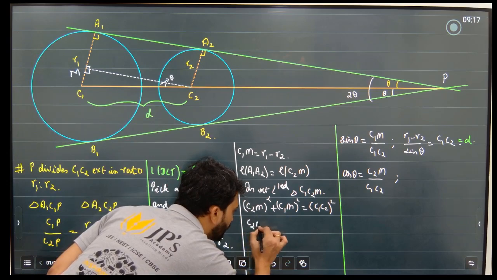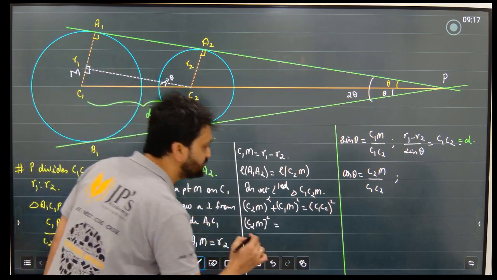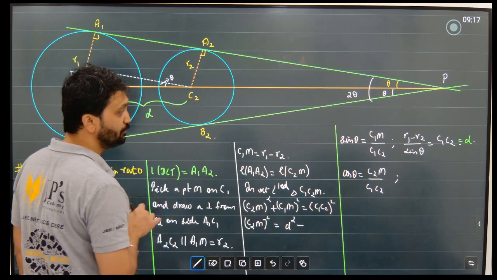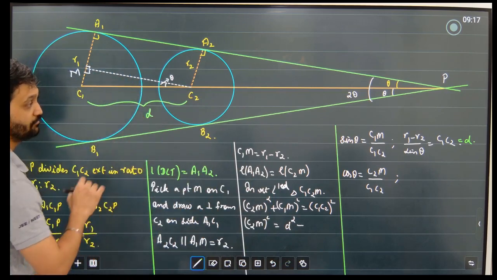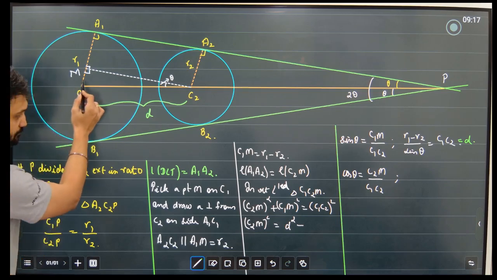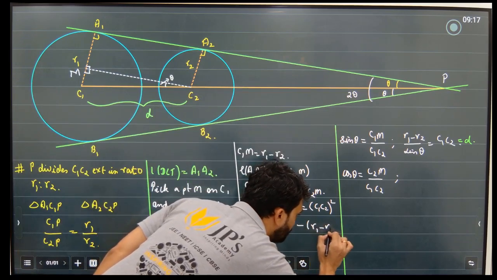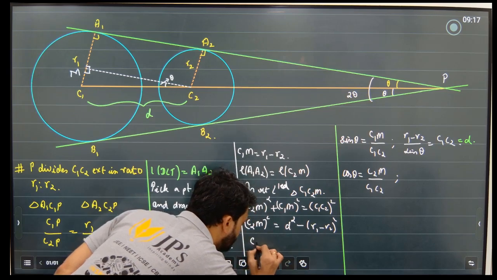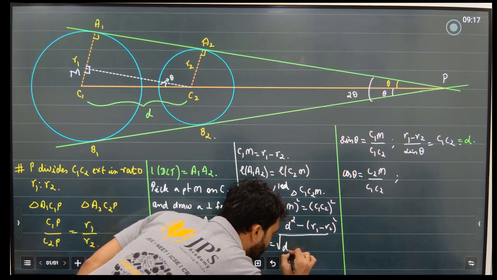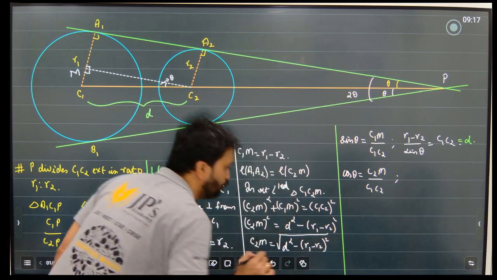So C2M, the whole square will become, I have C1 C2 as D, so this will become D square minus, I have C1M also, C1M is R1 minus R2 the whole square. Therefore C2M will become under root of D square minus R1 minus R2 the whole square.